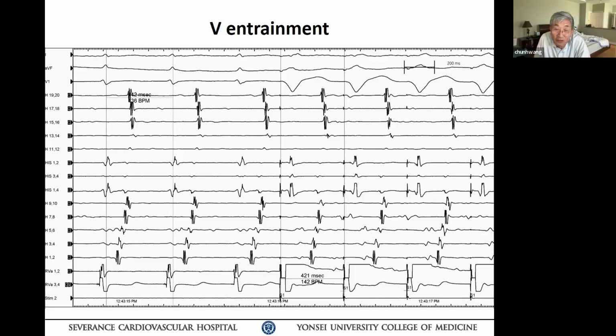Okay? And then also, if you look carefully during the V pacing, what happened with the VA interval? It fluctuates, changes, is not steady, the same, because your pacing cycle is the same. But if you look at the first captured beat and the third captured beat, look at the CS EGM, slightly shorter. And the CS EGM changes a little bit more. So if you look at the third paced complex, take a look at the HRA EGM.